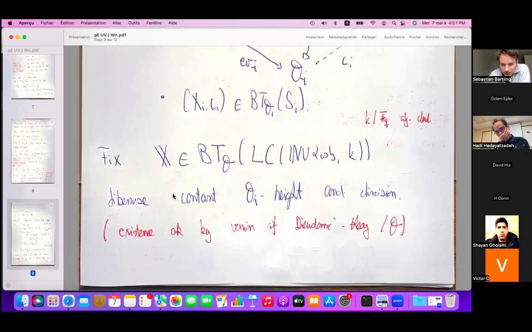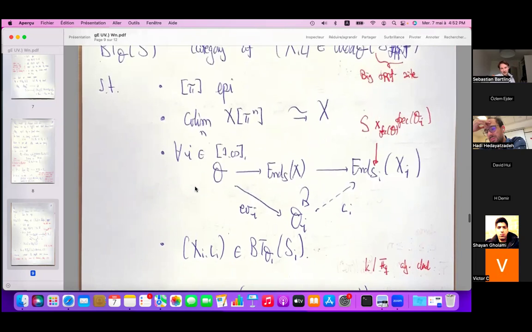Part of our paper is also concerned with explaining that this exists. You can make this definition, but if you're really in a situation where S lives over O and it's not just concentrated in one fiber, you have to explain that the things you write down there actually exist.